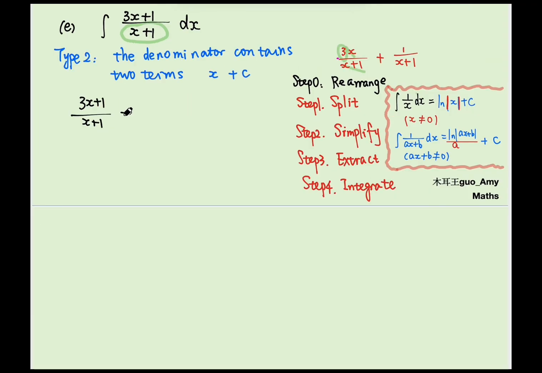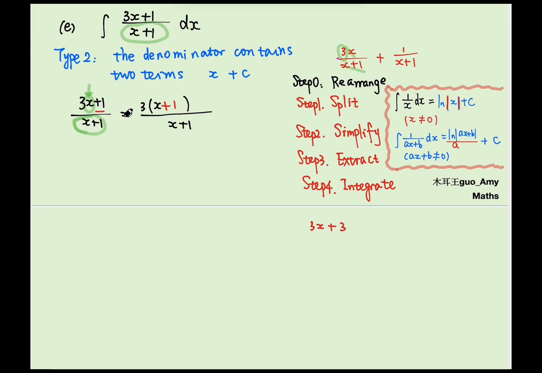Let's see how we can rearrange. The denominator is x plus 1. For the numerator, we have x here. Then we will keep the denominator. For the x part, add 1 to make it the same structure as the denominator. If we expand the brackets, we will have 3x plus 3.